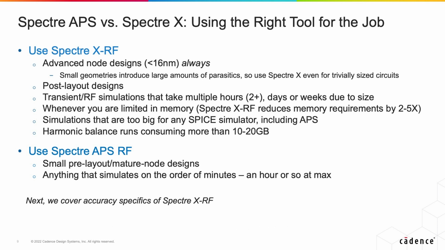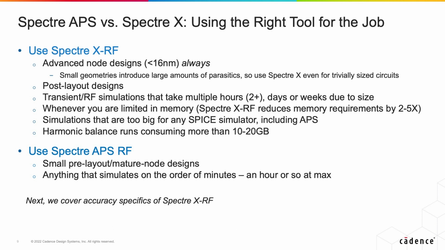And when do you use APS-RF? When your APS simulation takes, say, an hour or an hour and a half, if you use XRF, how much will you improve it? Maybe bring it down by 10, 20 minutes; it won't make a big difference.